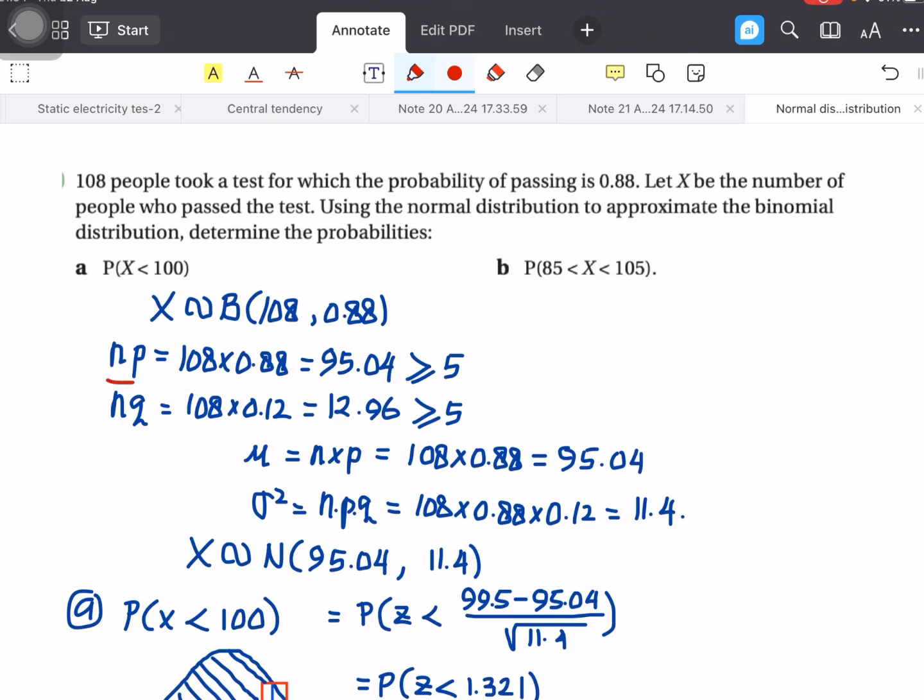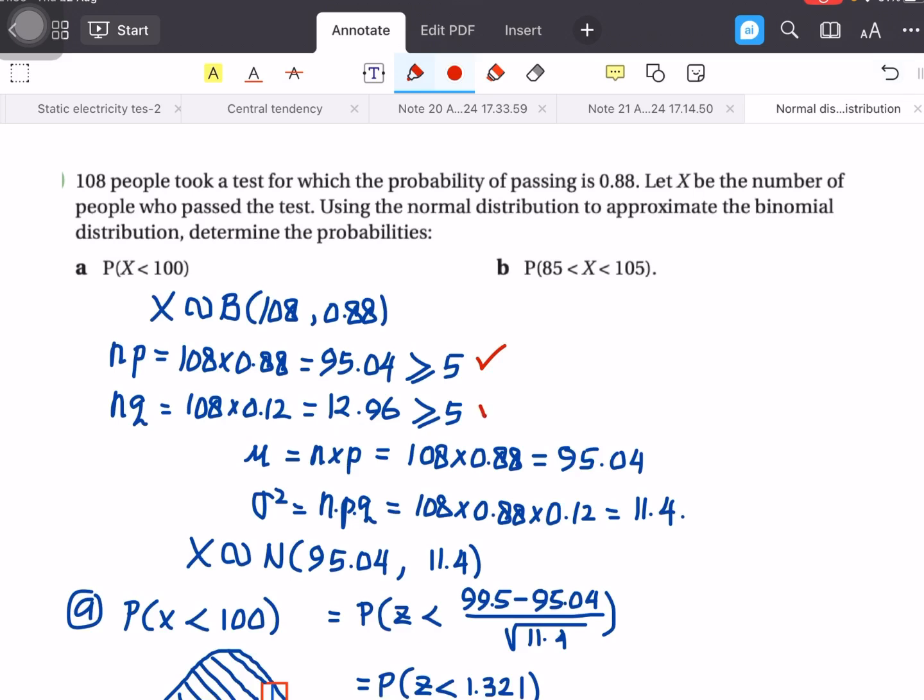First, check the value of n times p. The value is 108 times 0.88, which is equal to 95.04. This one is greater than 5. And then nq is 108 times 0.12, which is equal to 12.96.